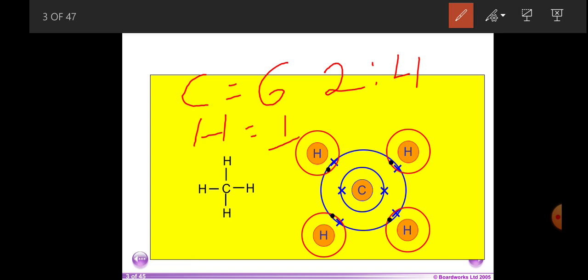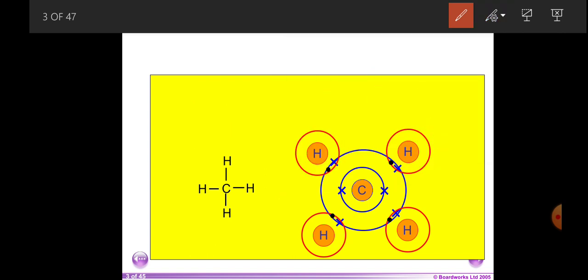In this bonding, we normally have the open structure where hydrogen donates 1 electron and carbon donates the other. So carbon can share 4 of its valence electrons to become stable, and at the end they are going to form a structure that looks like this, whereby carbon will have 4 bonds.